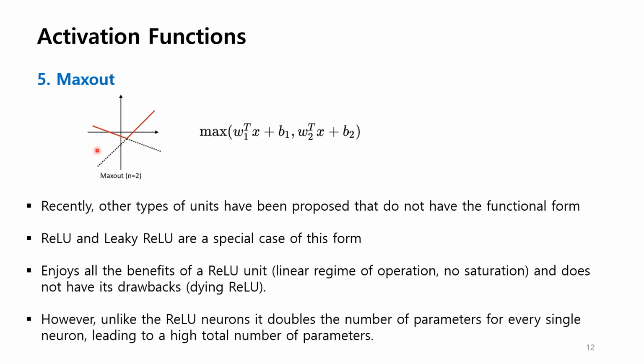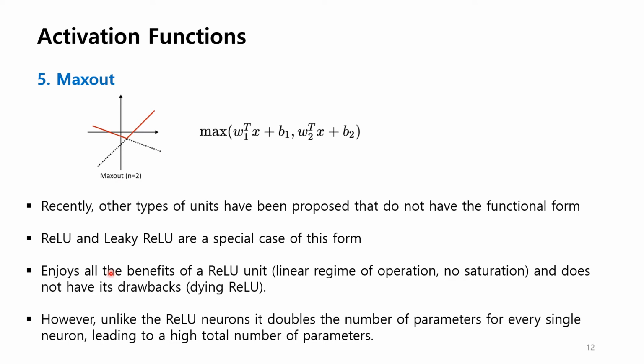In this case, this one is bigger than this, so you choose this one, and in this part, this is bigger, so you choose this part. That's maxout. We have seen ReLU and leaky ReLU, and as you can see here, ReLU and leaky ReLU are special cases of this maxout form.